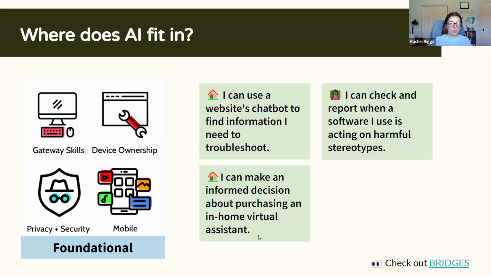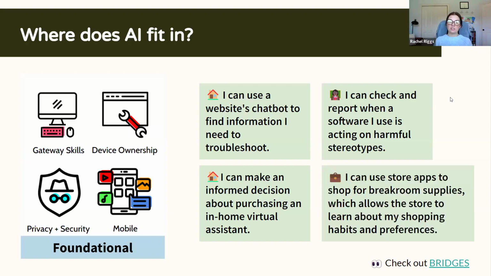So I talked earlier about parents, right? And we have Alexa, we have Hey Google, we have all of these different virtual assistants in our home. And are we informed enough around the privacy and security aspects of AI to make informed decisions about purchasing those devices?